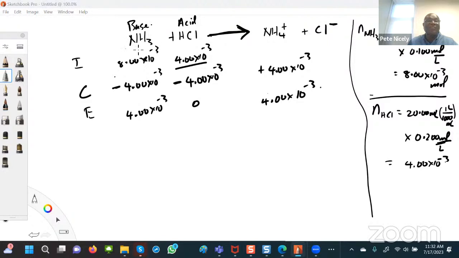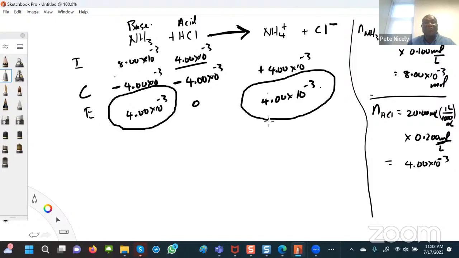So basically, this question here is dealing with a buffer solution, right? So what we have so far is the amount of ammonia and the amount of the ammonium, all right? So what we can do now is calculate the concentrations of each. First we need the total volume. So the total volume will be equal to the 40 mL that we mix with the 20 mL, all right?